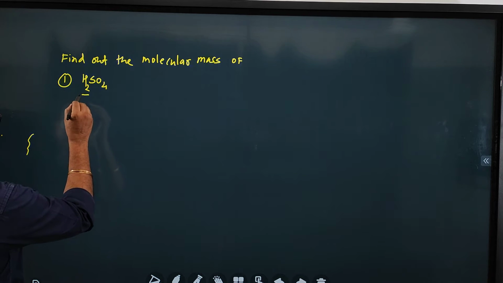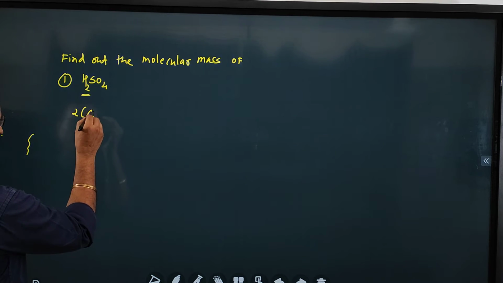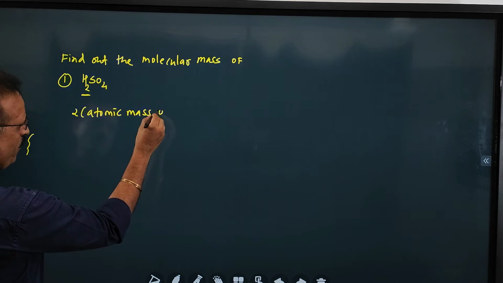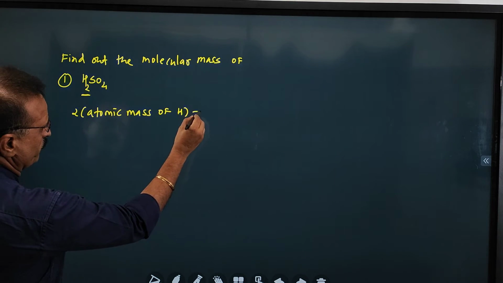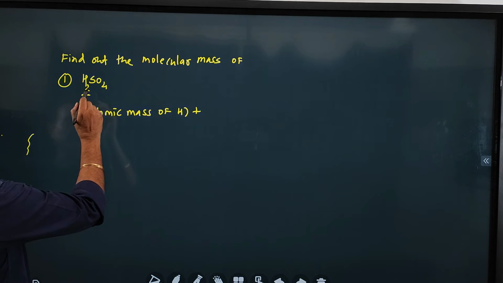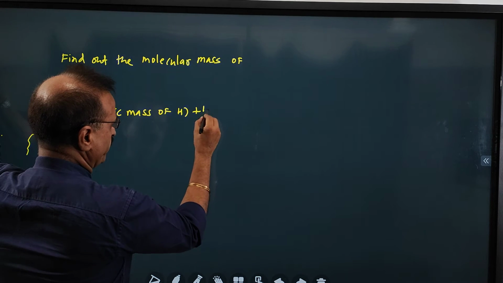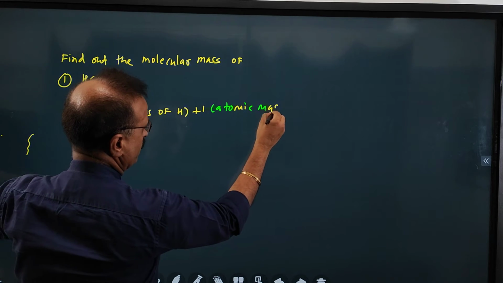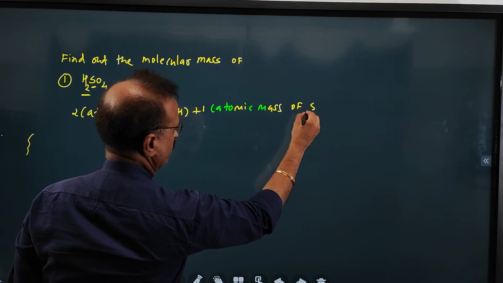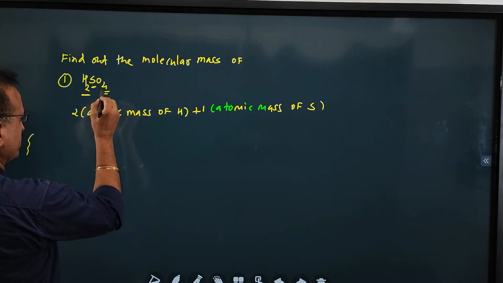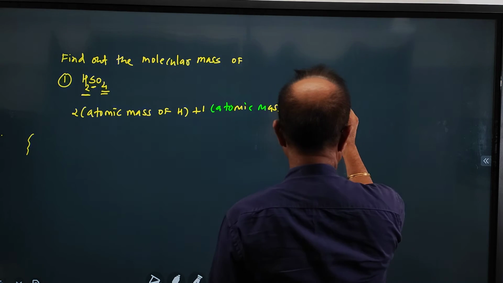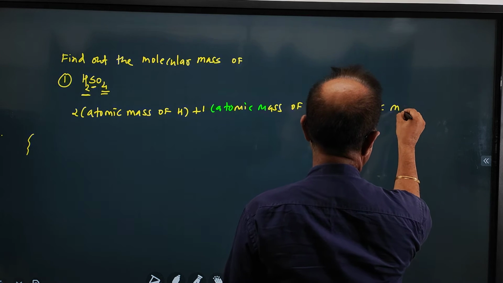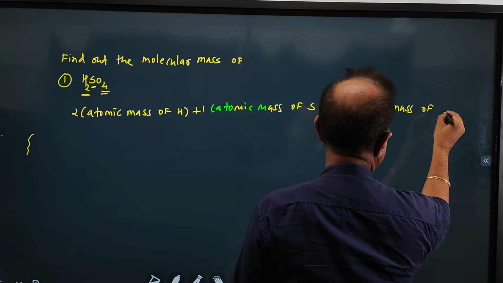There are 2 hydrogen, so 2 into atomic mass of hydrogen plus 1 in, there is 1 sulfur, so plus 1 into atomic mass of sulfur. There are 4 oxygen, so plus 4 into atomic mass of oxygen.